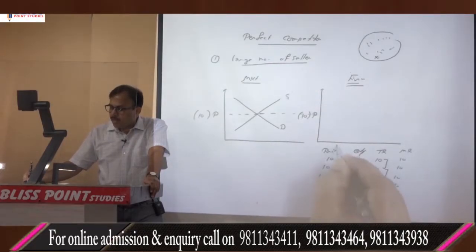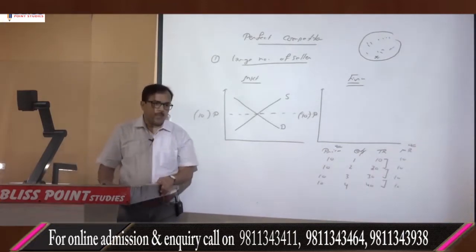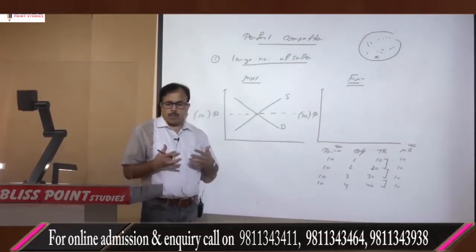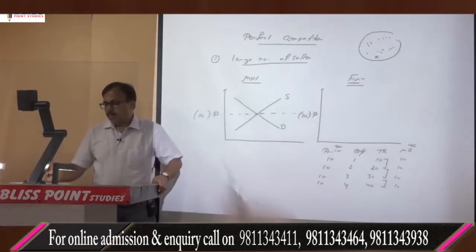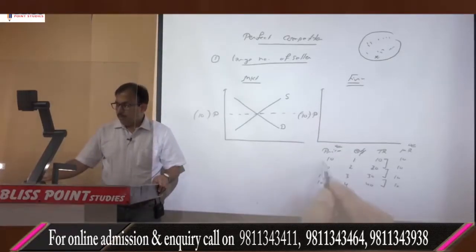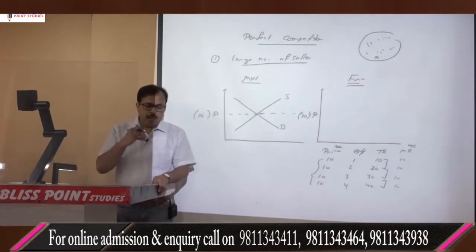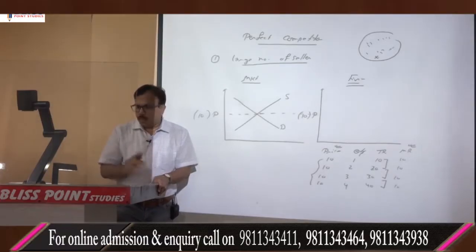What is important is that price is equal to marginal revenue. Perfect competition के अंदर price और marginal revenue equal होना, because price fixed है. So when price is fixed by the market forces, every time you sell one extra unit, the addition to revenue will be equal to the price.